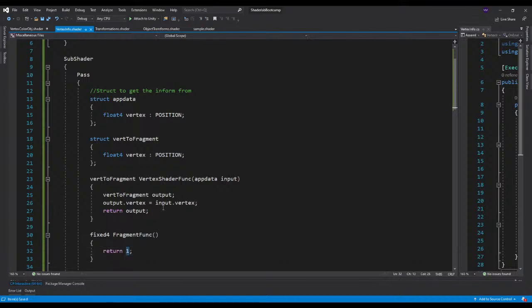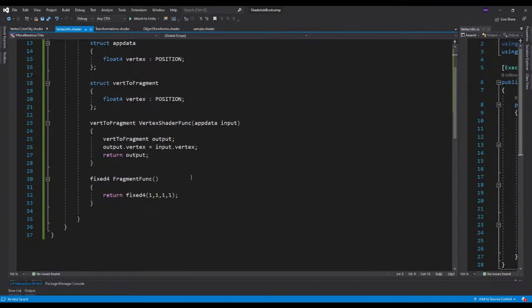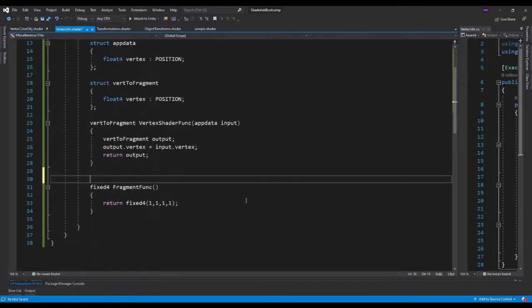Now this return 1 can also be written as fixed4 like this, okay? So the GPU will actually understand. But how do we get this color? So you copy this, you say you want to use this color inside this pass, and how do you do it? Fixed4, or if you want to go, so guys, fixed4, half4, float4, 32-bit, 16-bit, 8-bit.